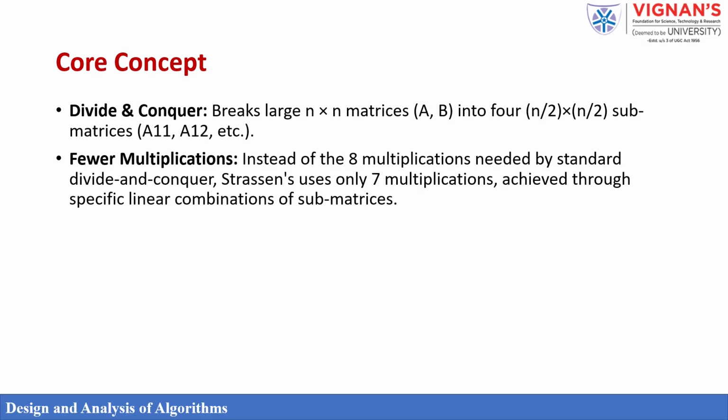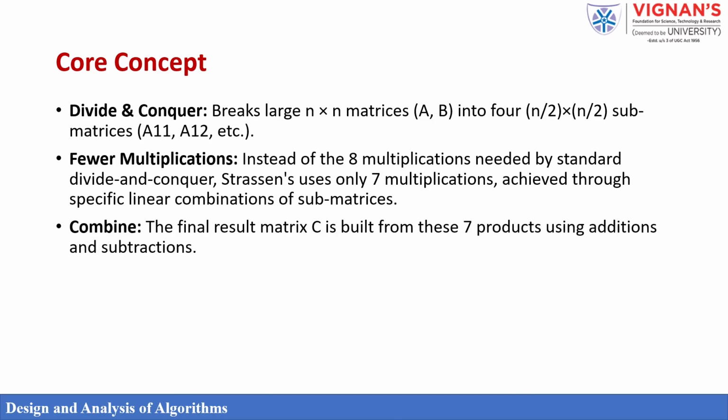However, Strassen showed that the same result can be obtained using only 7 multiplications by forming specific linear combinations of the submatrices using addition and subtraction. Finally, in the combine step, the results of these 7 multiplications are carefully added and subtracted to construct the final result matrix C. By repeatedly applying these steps recursively, Strassen's algorithm achieves better performance for large matrix sizes.